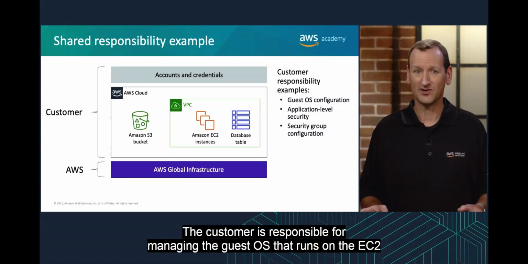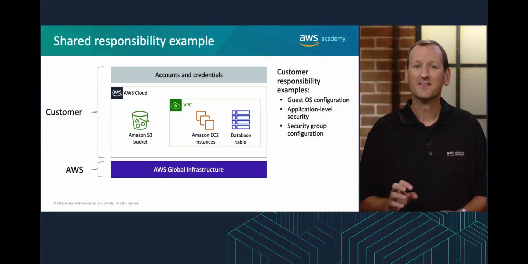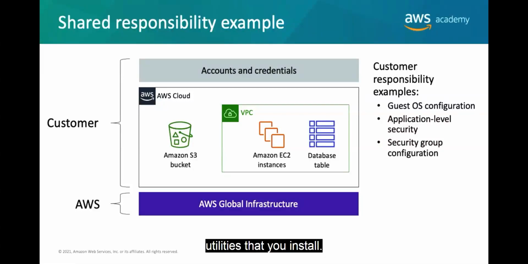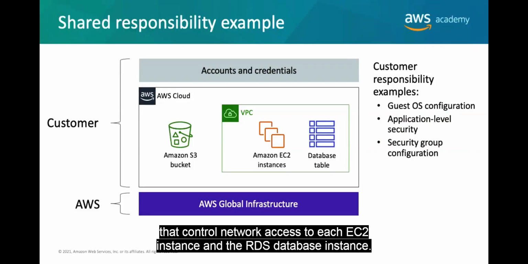The customer is responsible for managing the guest OS that runs on the EC2 instances, including Microsoft Windows or Linux OS updates and security patches. They're also responsible for managing any application software or utilities that you install. Additionally, they're responsible for the configuration of the security groups that control network access to each EC2 instance and the RDS database instance.